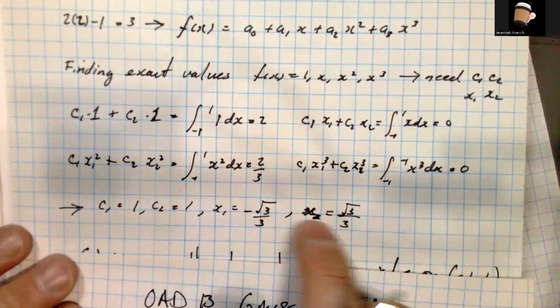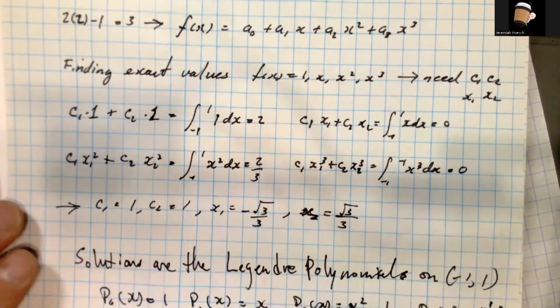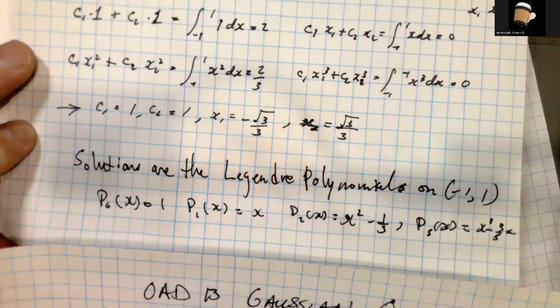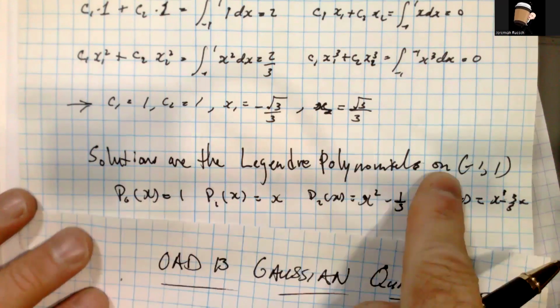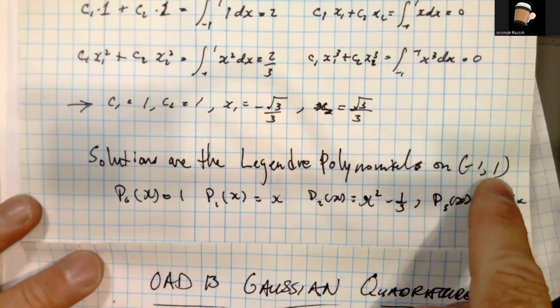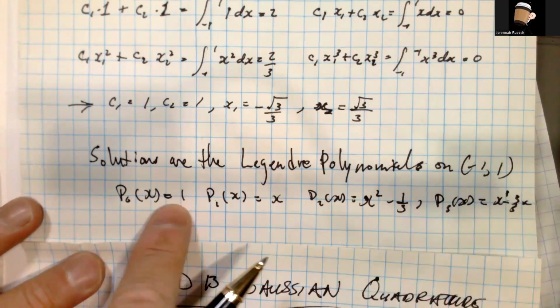These are the values that provide it, and it becomes apparent that the solutions to these values are the roots of the Legendre polynomials on the interval from -1 to 1. The Legendre polynomials are shown here.